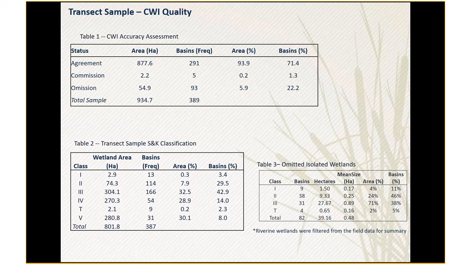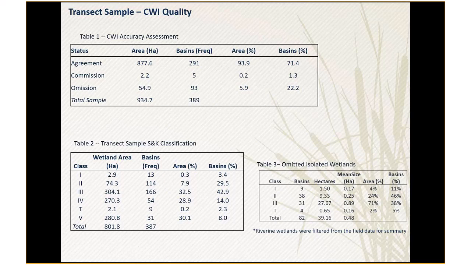Looking at table 2, the other thing we wanted to look at is what are the classes of the wetlands that we're sampling and that are being captured in the CWI, and from a general feeling, is it representative of what we would expect? Not surprisingly, class 1s, there are very few of them, only 3% of the basins.